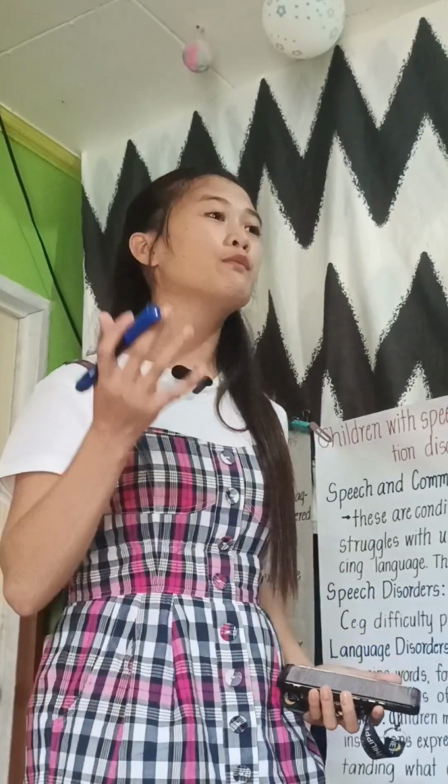Both speech and communication disorders and emotional or behavioral problems can significantly affect a child's ability to succeed in school, form relationships, and navigate daily life. Early intervention and appropriate support can help children overcome or manage these challenges, enabling them to thrive academically, socially, and emotionally.